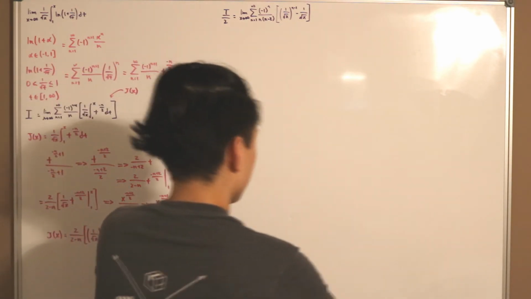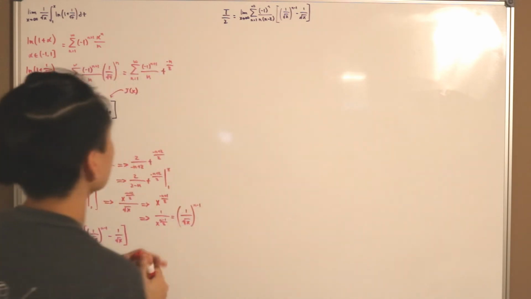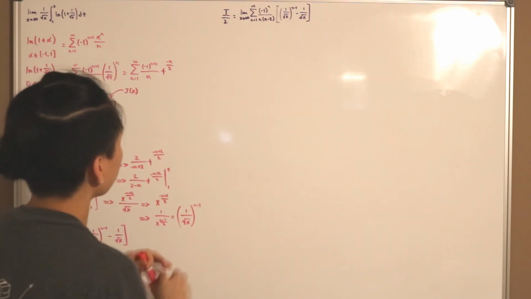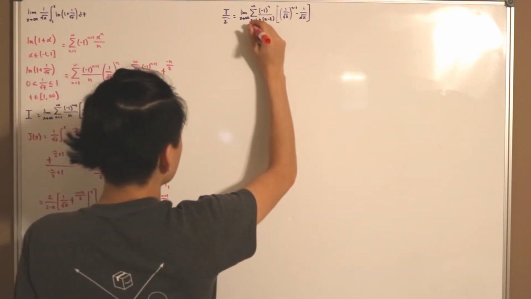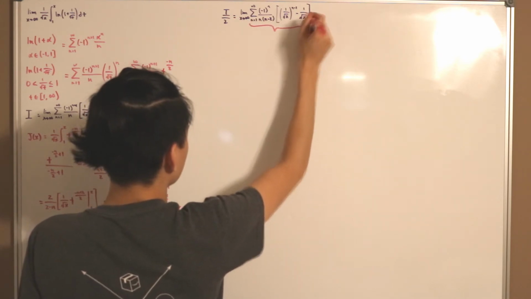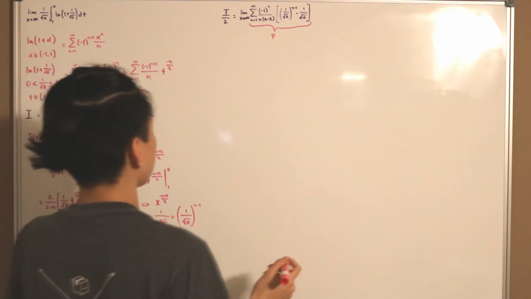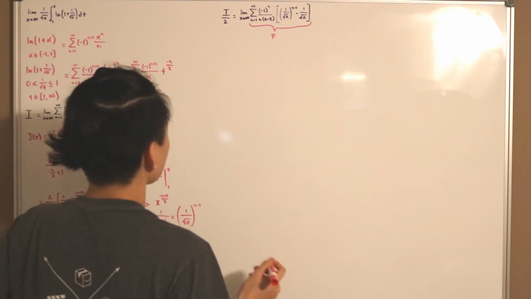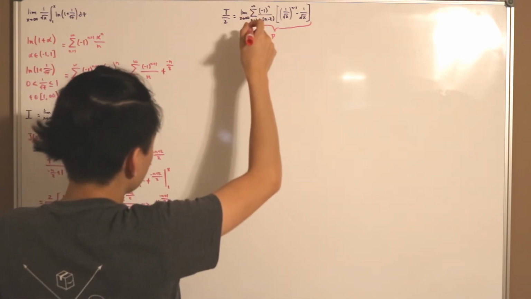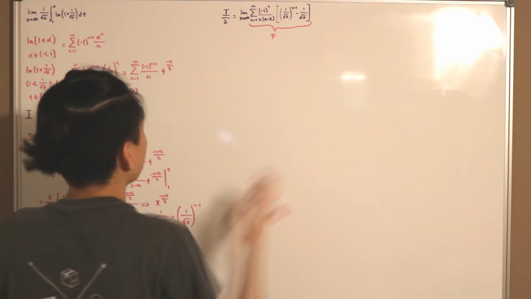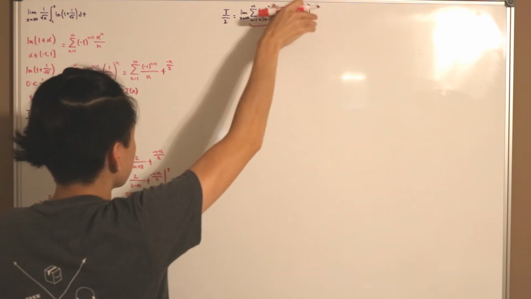So now I want to define the summation right here to equal p. So really the next step is we're taking the limit as x approaches infinity of p. But before we do that, we want to evaluate this series first.